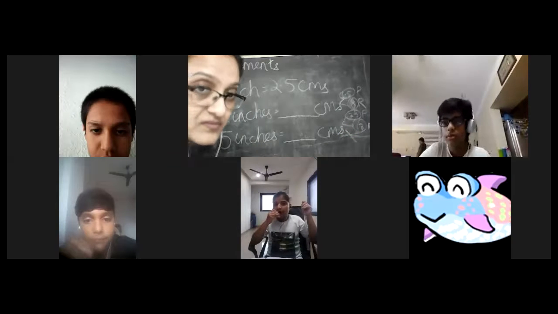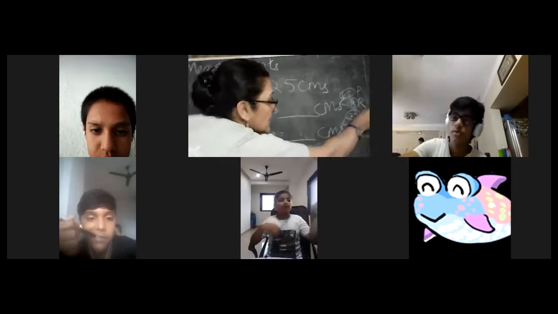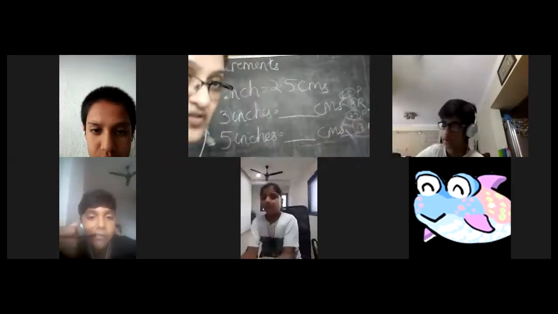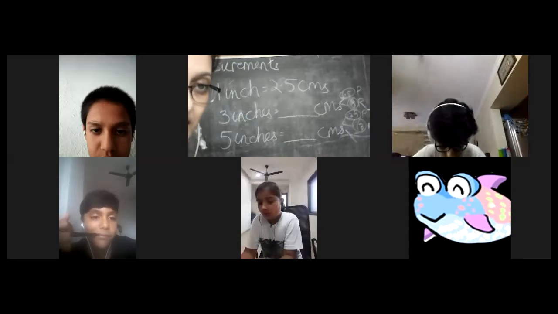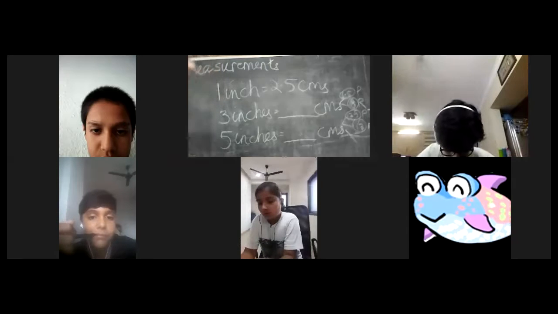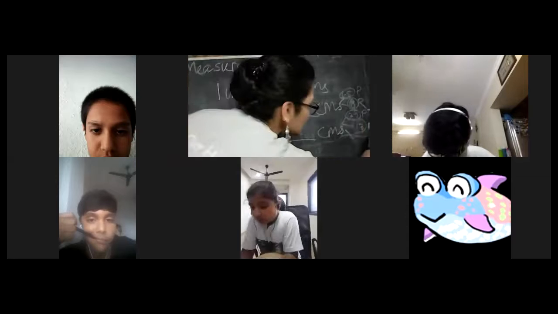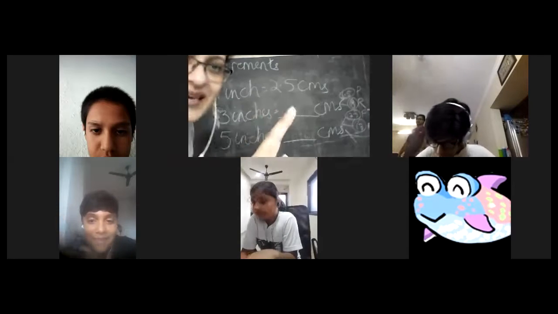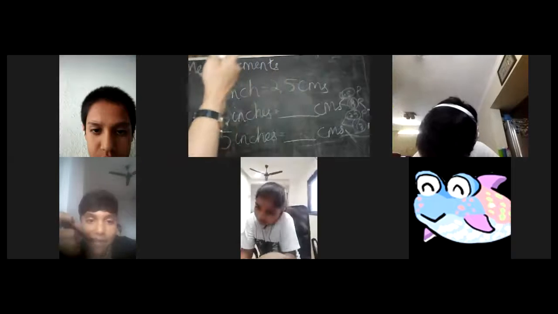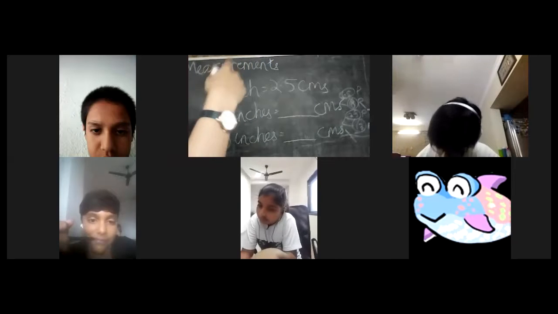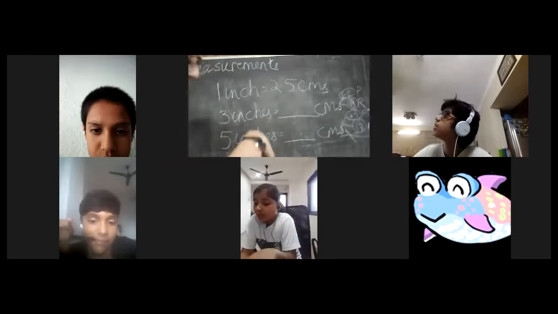Ma'am, 12.5. Tanishka is also saying 12.5. Subhan, what is your answer? 13. Wow. We have 2 people saying 13 and 2 people saying 12.5. This is very interesting. I thought in math we could only get one answer, but there are 2 answers. 12.5. Very good.